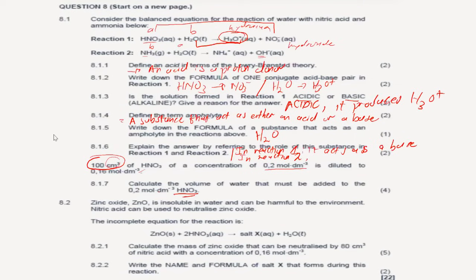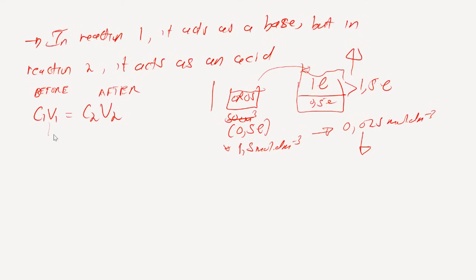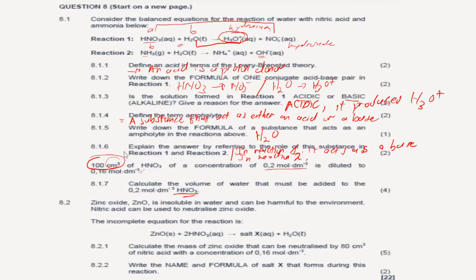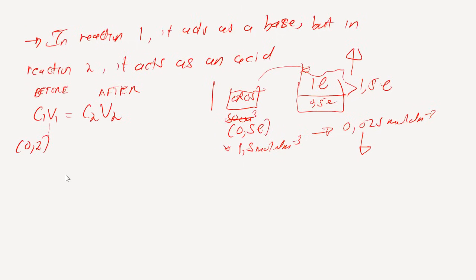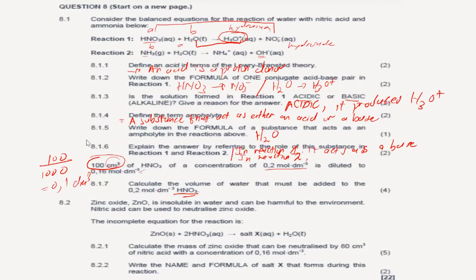Now let's check. Our initial concentration was 0.2. Our initial volume was 100 cm³, which we divide by 1,000, so that's 0.1 dm³. What we are looking for is the volume.